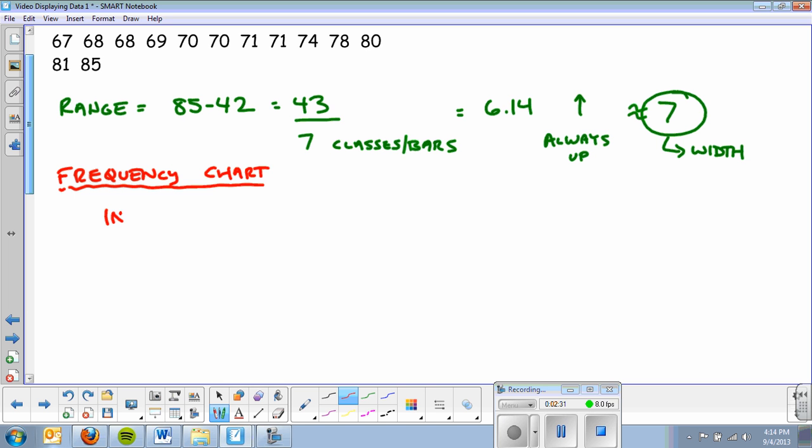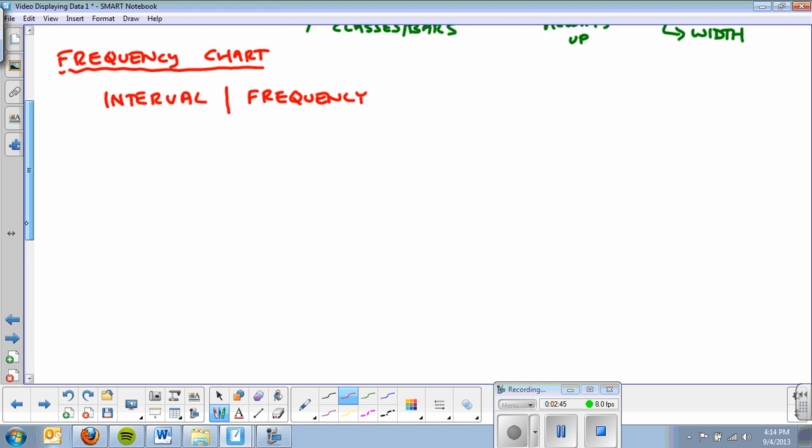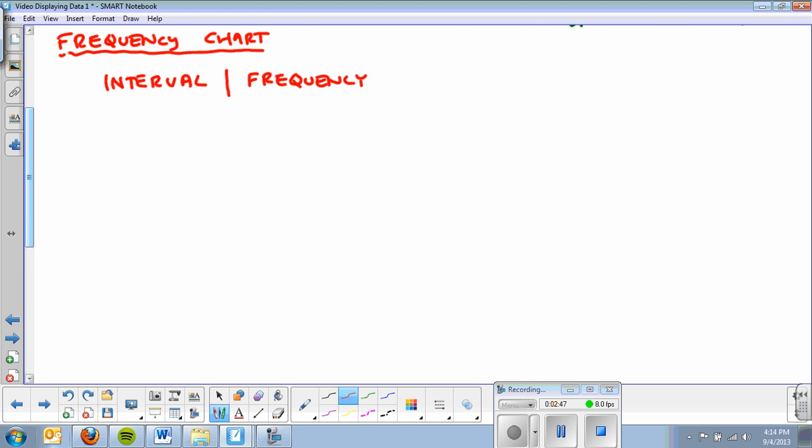You have an interval, and you have a frequency. How often a number occurs in that interval. So I'm going to scroll down and draw this bar and try to make it as straight as possible. It's a little bit more difficult on the smartboard. So here is my frequency chart.